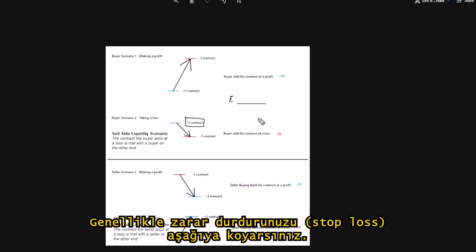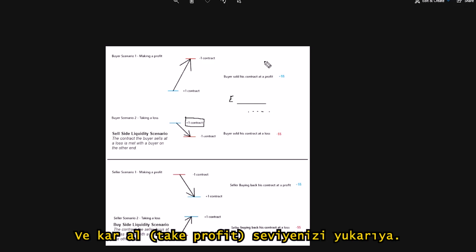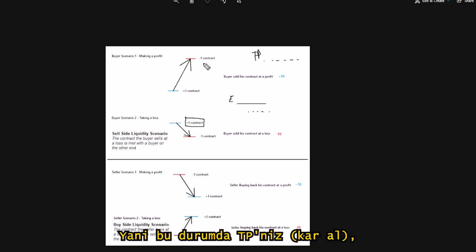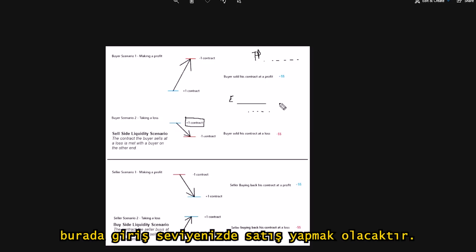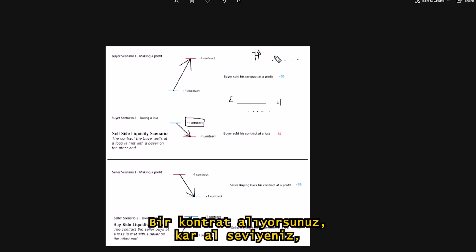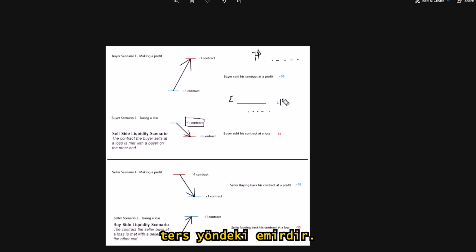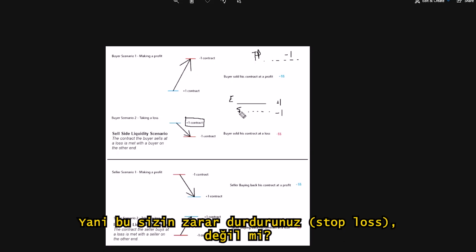Typically you would place your stop loss below and then your take profit above. So your TP in this case would be selling. On your entry, you're buying one contract. Your take profit is the opposite order. It's either you're selling the contract at a profit or you're selling at a loss. So this is your stop loss.